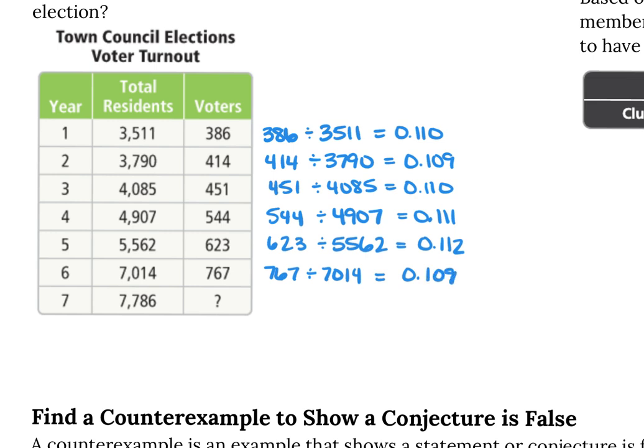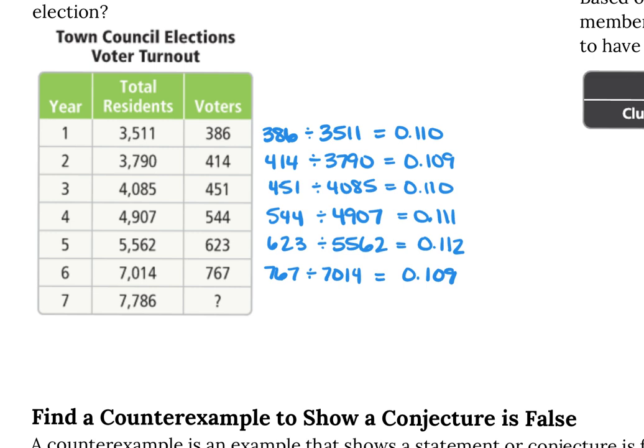So I have all of that data to figure out what percentage of residents actually voted. Okay, so when I'm looking at this, if I'm finding the average, I'm going to find that roughly about 11% of residents actually voted.